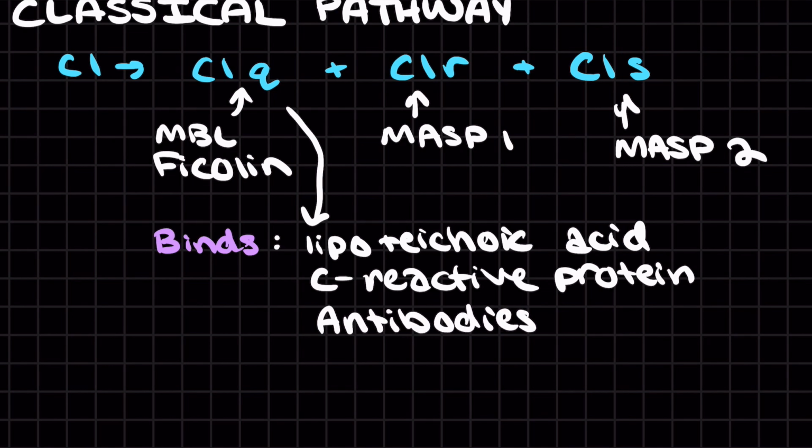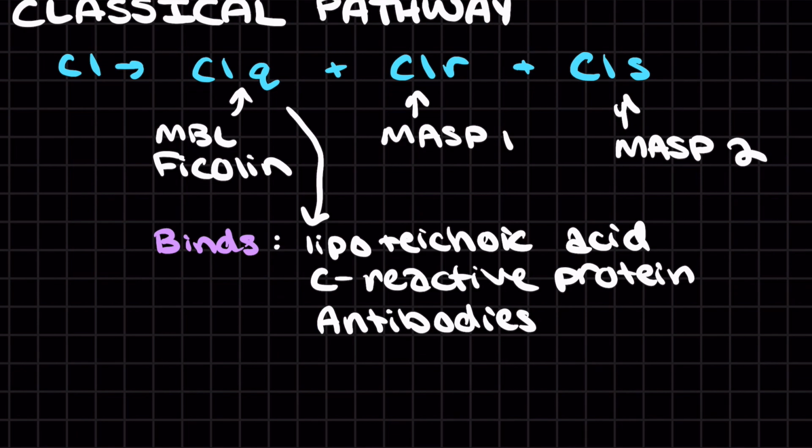Why is this worth noting? Well, antibodies are generally associated with the adaptive immune system. Although there are nonspecific antibodies that are floating throughout the blood at any given time, we generally associate antibodies with, again, the adaptive immune system.